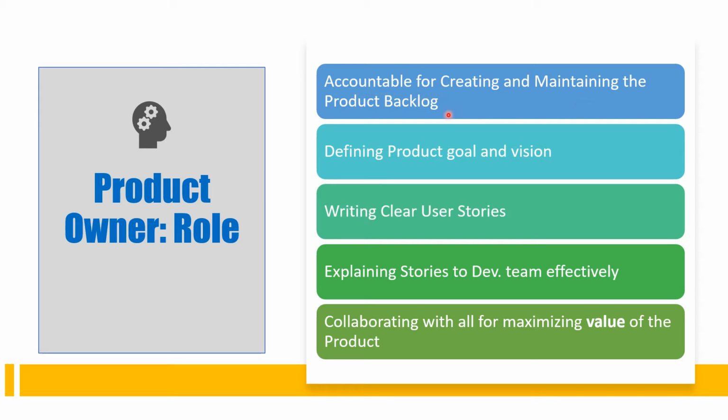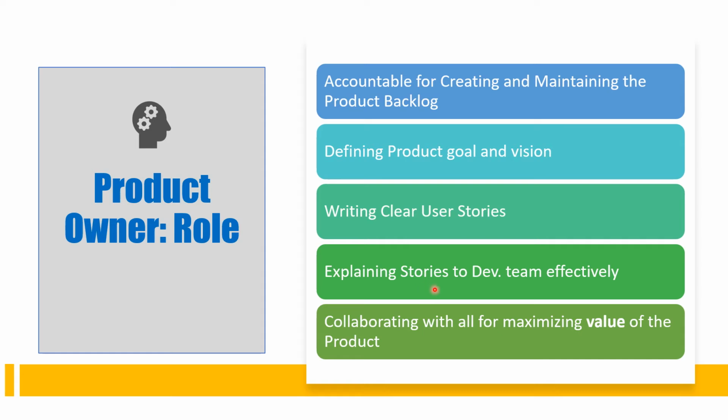That's one of the key responsibilities, along with defining the product goal and its vision, writing clear user stories, depicting the user stories in a defined format as per the Scrum process, breaking large user stories into smaller ones, ensuring that the user stories have the INVEST property, that they are small enough and valuable, and working in close collaboration with the development team when writing the user stories.